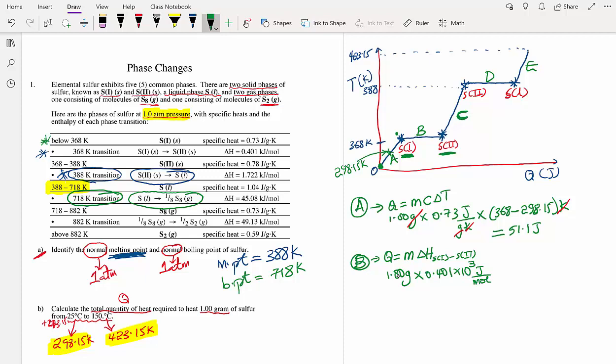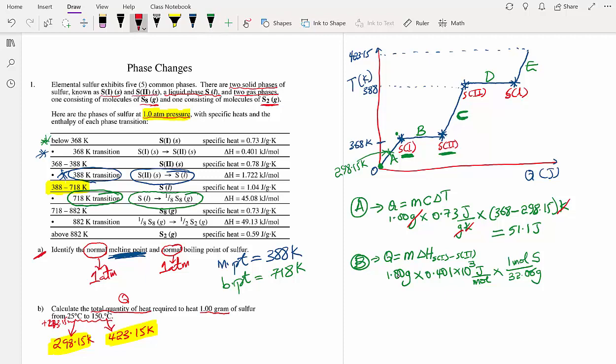But there is a little problem here. If you look at the two units, the unit for mass is in grams, while the unit for the latent heat is joules per mole. We will need to change the mole to mass. Since we're dealing with sulfur in the monoatomic stage, 1 mole of sulfur, from the periodic table, should be 32.06 grams.